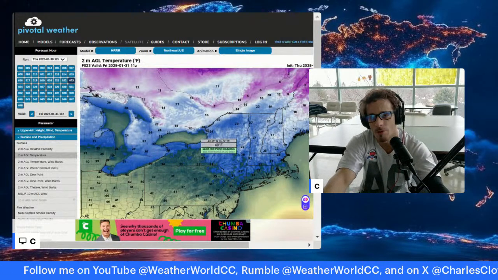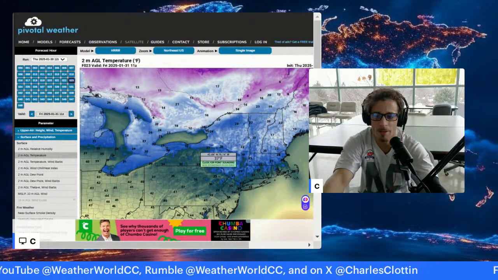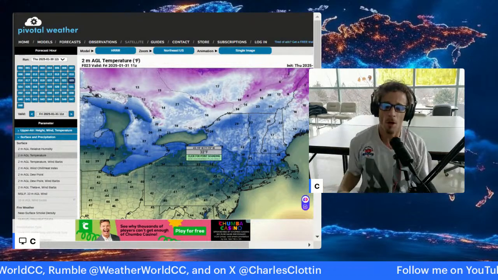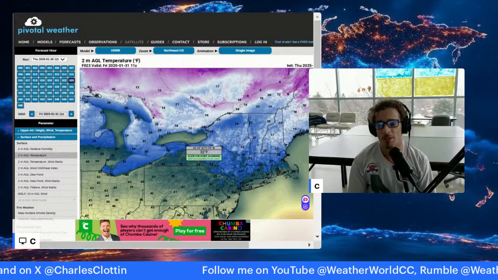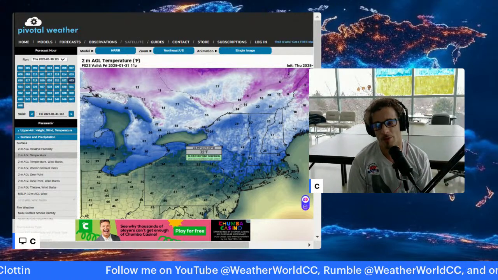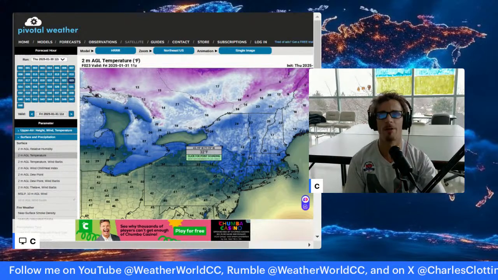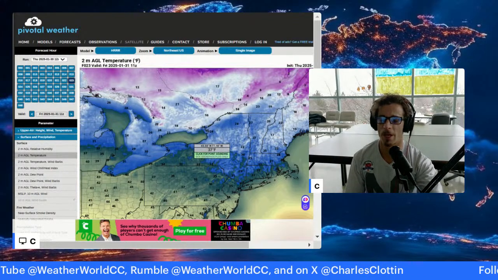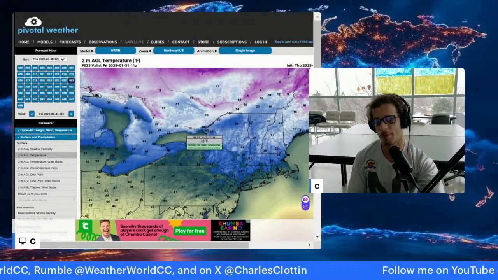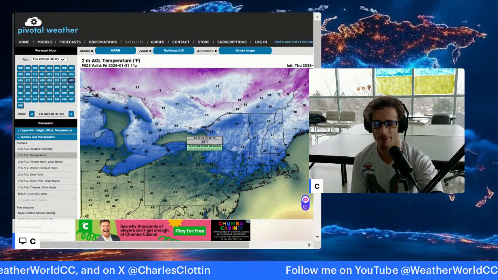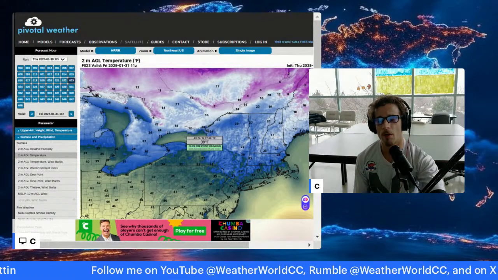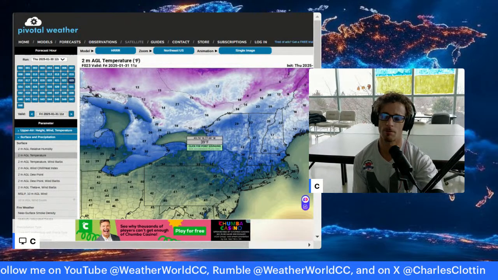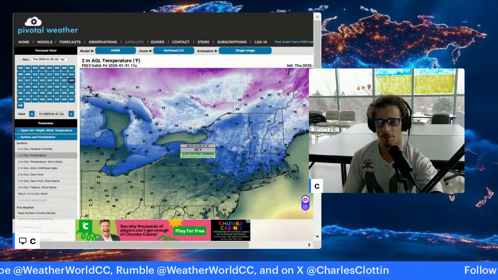When it is clear out, solar radiation is a big thing that people will tend to overlook, because you do need to increase the temperatures by like 3 to 5 degrees, depending on the location that you are forecasting. A place that is more of an urban dense area will warm up a lot faster compared to something that is in the middle of the forest.